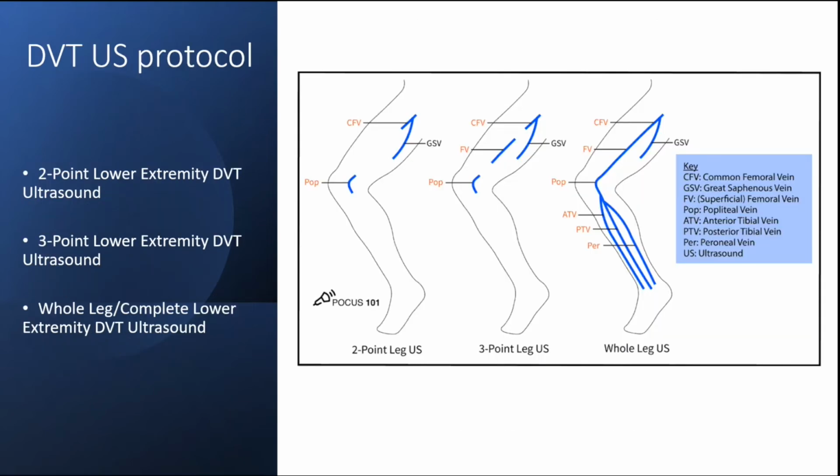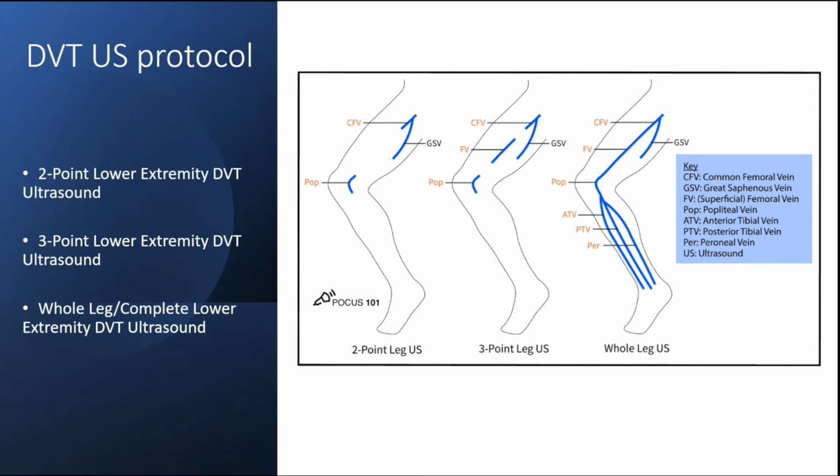There are several different protocols to do a DVT ultrasound. There are the 2-point lower extremity DVT ultrasound, the 3-point, and the whole leg complete lower extremity DVT ultrasound. For the 2-point, we are only doing compression ultrasound at the common femoral vein and popliteal vein.